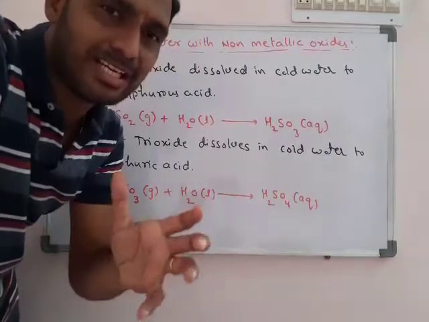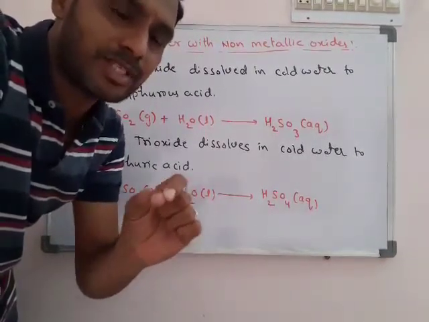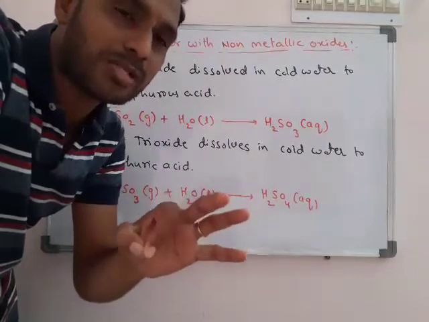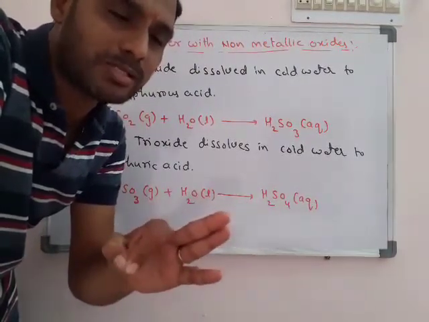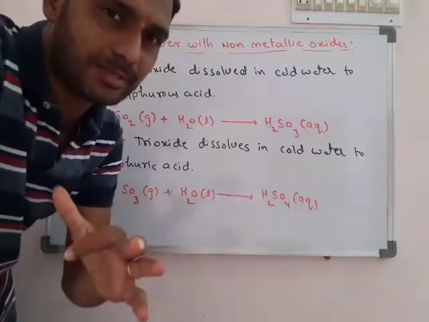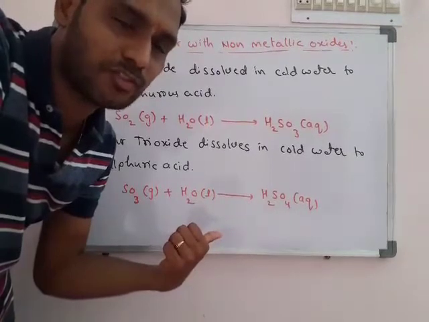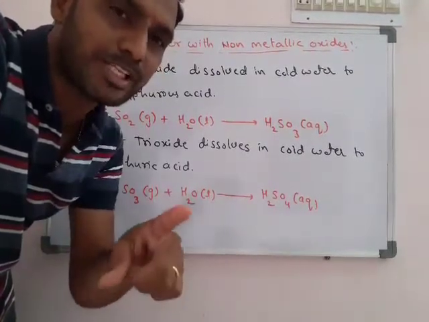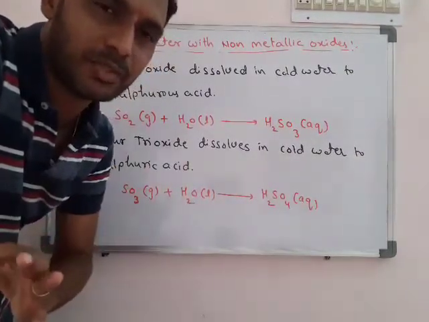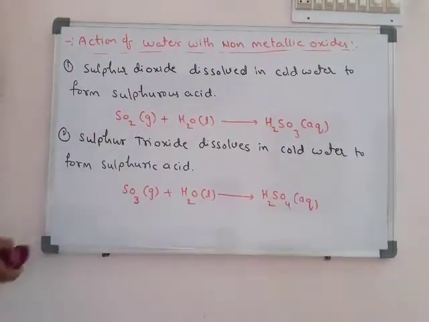And we can generalize a point that metal oxides, when they react with water, form bases. Non-metal oxides react with water and form respective acids. So we see some more examples for non-metals.